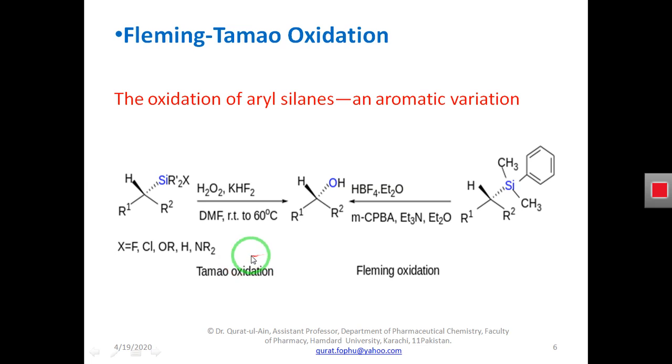One step that we name the Tamao oxidation was invented by a scientist named Kohei Tamao, and the other step was invented by another scientist, Fleming. These two steps of the reaction develop in two different conditions. And in this reaction, a carbon-silicon bond is converted into a carbon-oxygen bond in the presence of hydrogen peroxide.